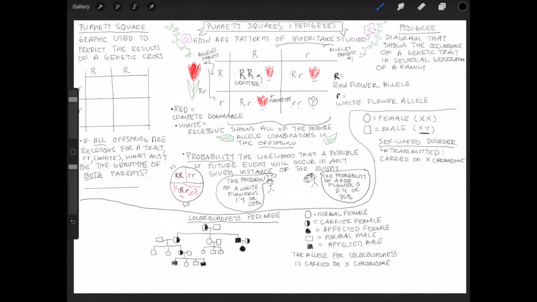So let's remember that males only have one X chromosome.